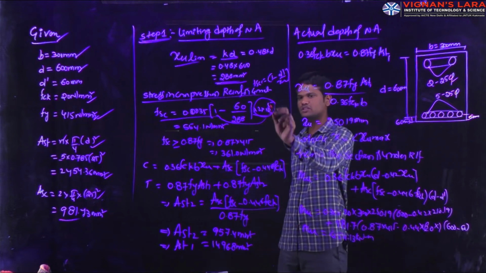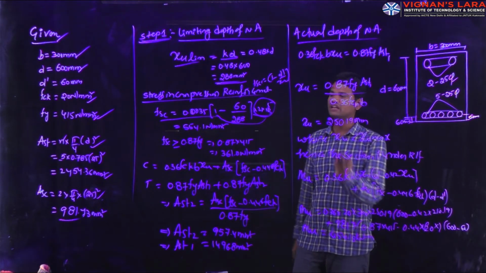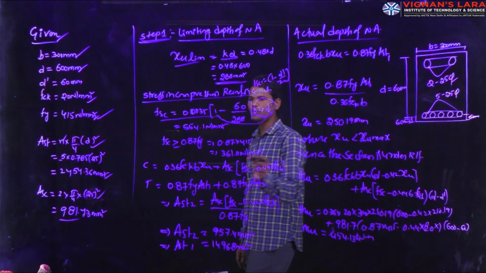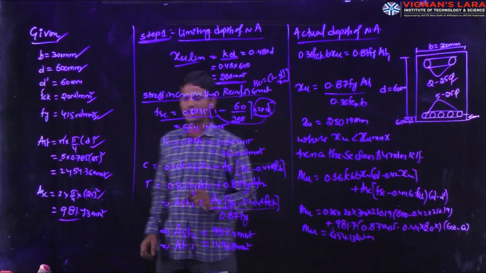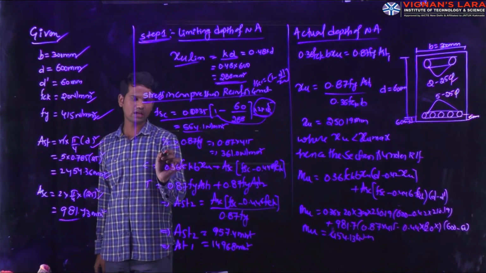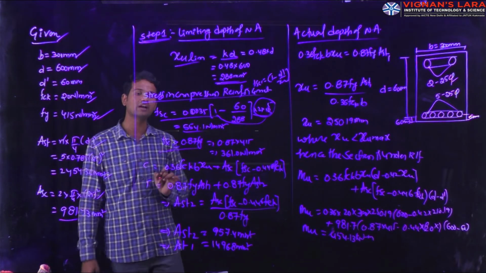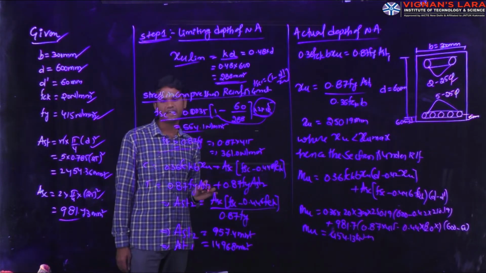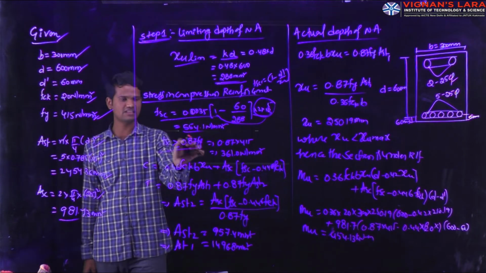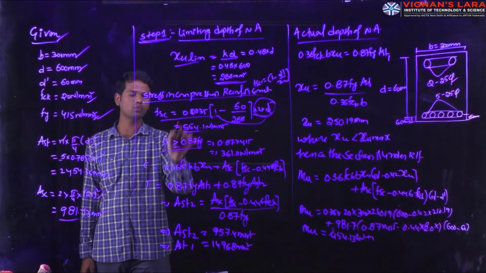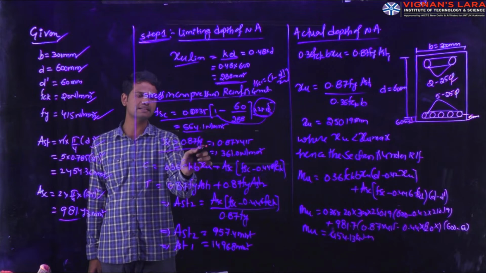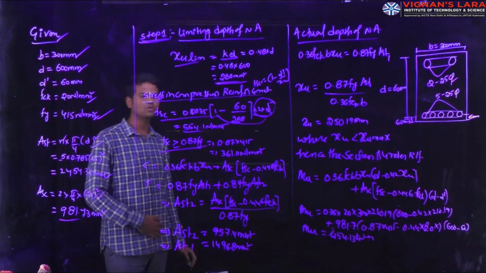If you substitute 2 into 10 power 5, we can calculate the FSC value directly without the code book. Again, ensure that the stress in the compression steel should not be greater than 0.87 into Fy.